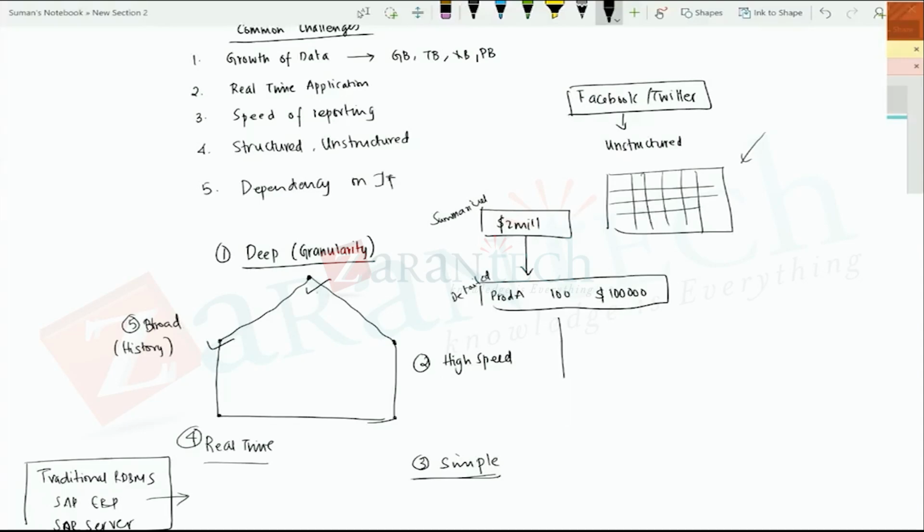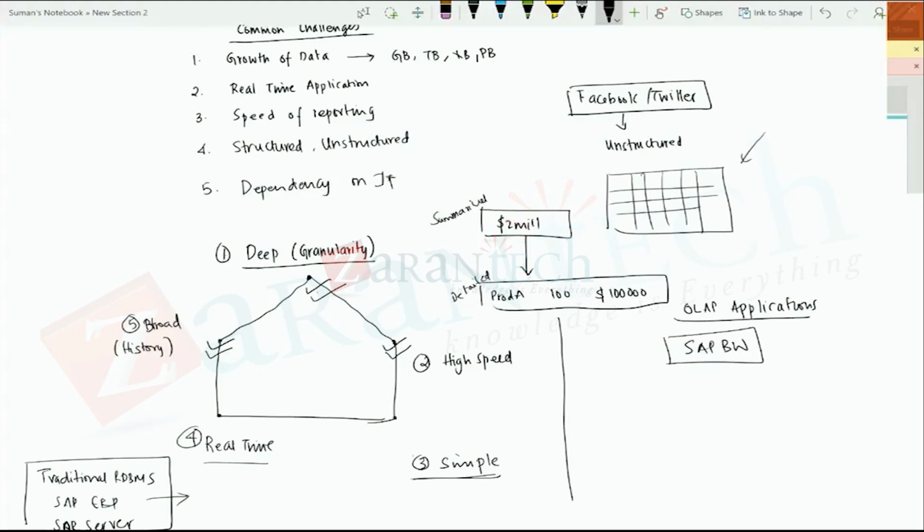On the contrary, if we look at OLAP type of applications, for example, let's take the case of BW. If I take the same 5 points I just mentioned, an OLAP application like SAP BW is able to provide deeper granularity. That is a given. To an extent, it's able to provide high-speed information.